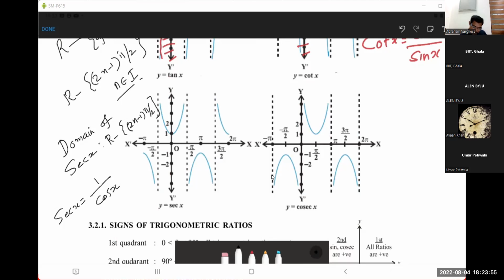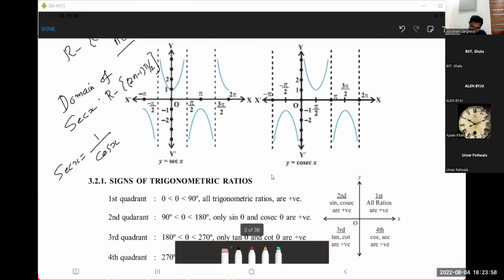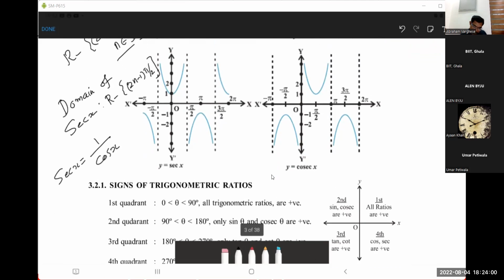What is the range? Anybody? I want to get the answer for this. The graph is given to you. What is the range of sec x? Look at the graph and see what it covers.